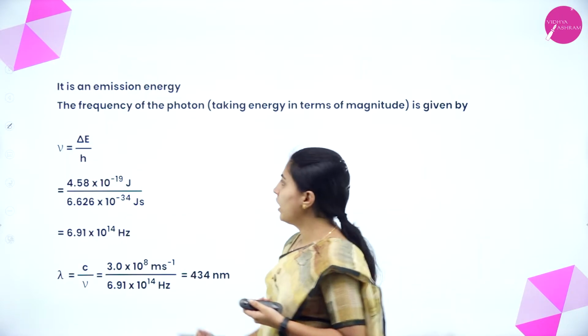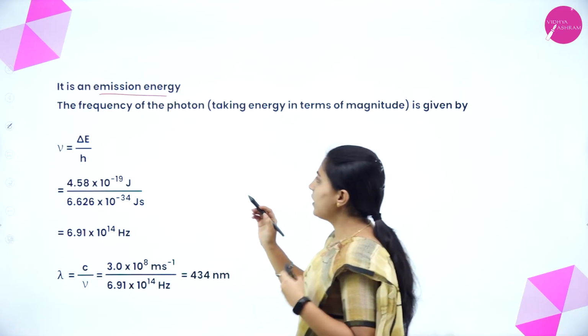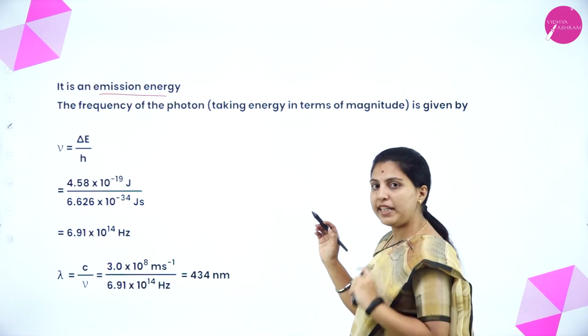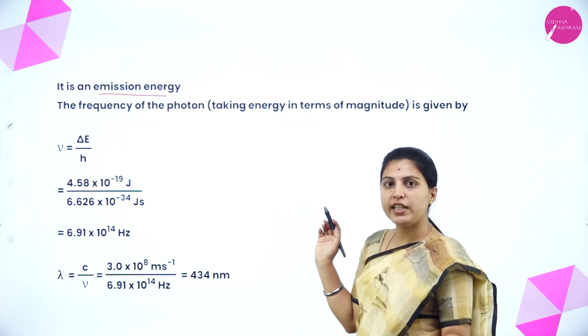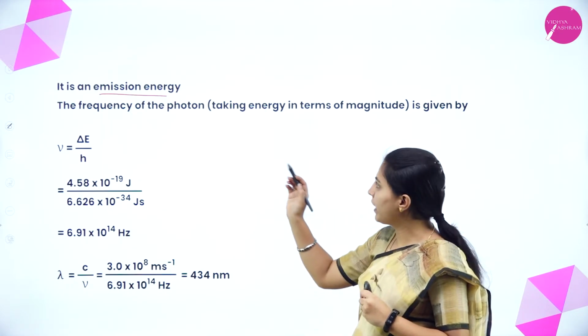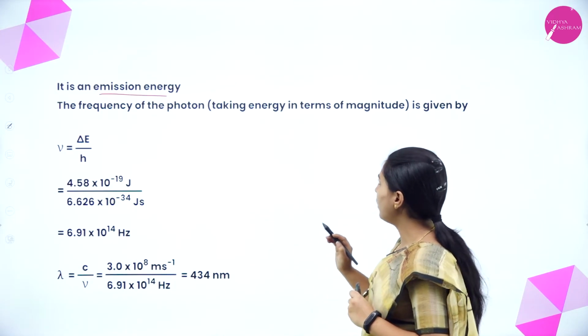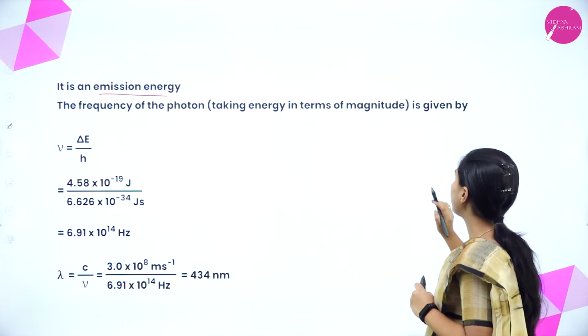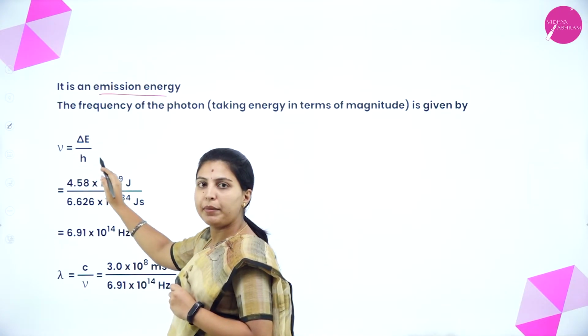And again, this is an emission energy because it has a minus sign. We already know two cases: if initial is greater than final, we get the negative sign, that is emission energy. The frequency of the photon, taking energy in terms of magnitude, is given by nu equals delta E by h.